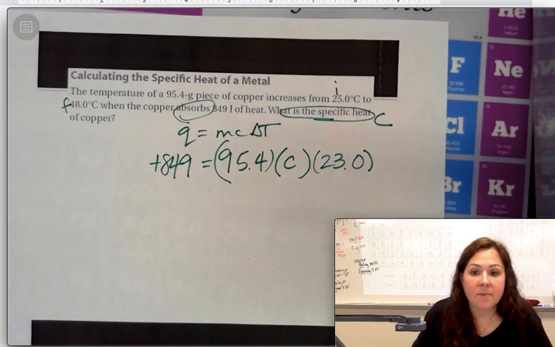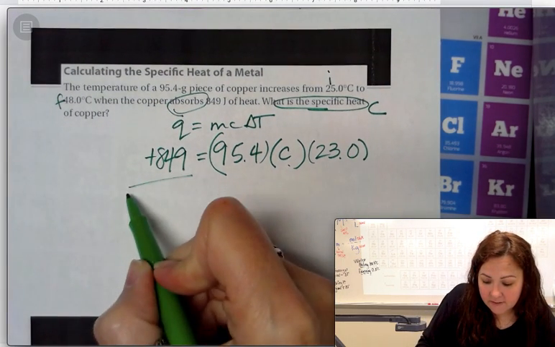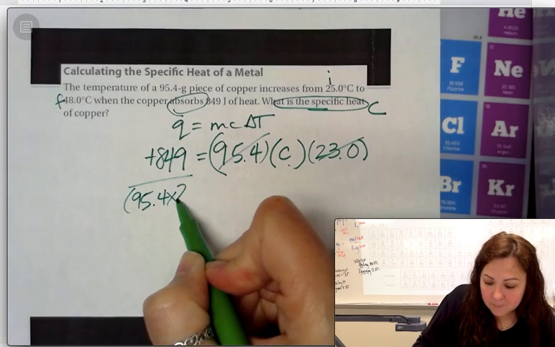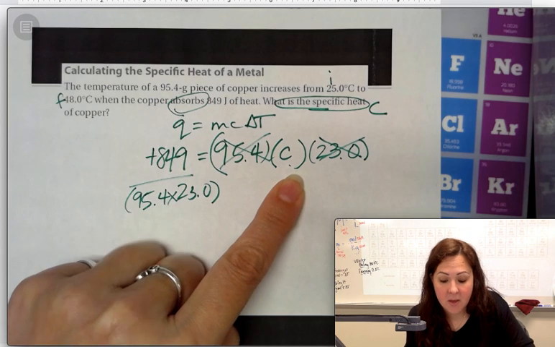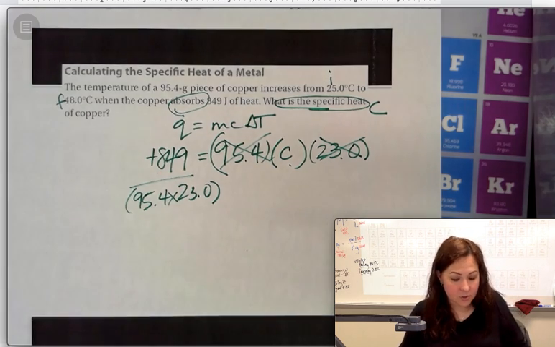So now all I'm going to do is solve for C. To solve for C, I'm going to move this over, 95.4, and I'm going to move 23. And that's going to give me my specific heat. This has 3 sig figs, 3 sig figs, 3 sig figs. I need 3 sig figs in my answer.